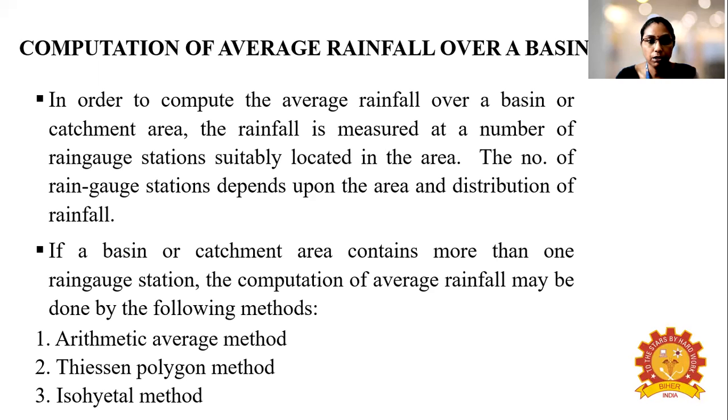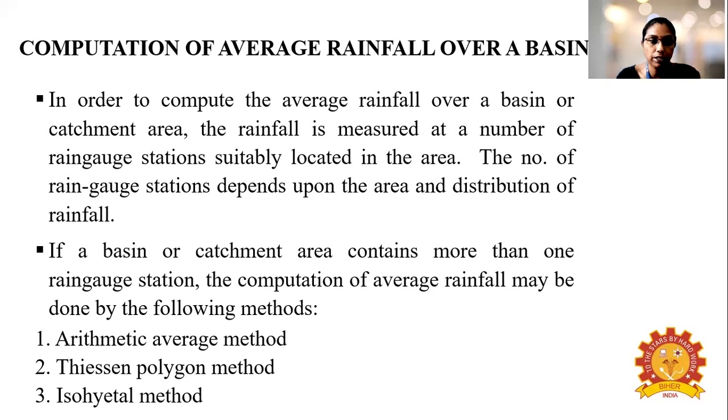And this number of rain gauge stations depends upon the area and also the distribution of the rainfall over that area. So if a basin or the catchment area contains more than one rain gauge station, then the calculation of the average rainfall can be done by the following methods.